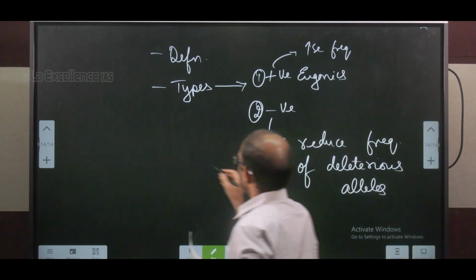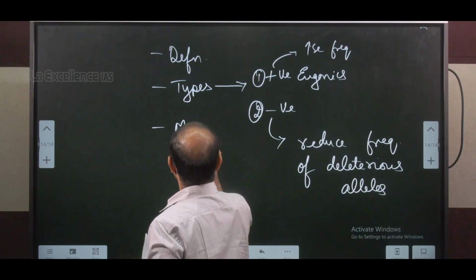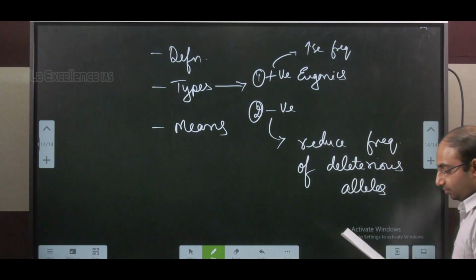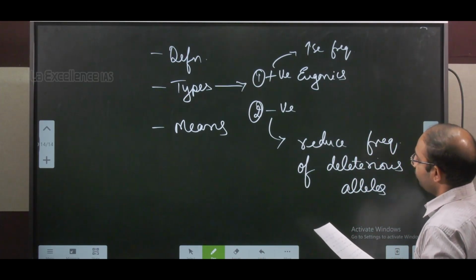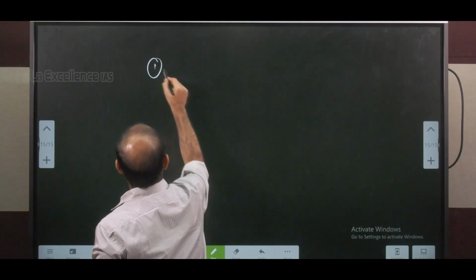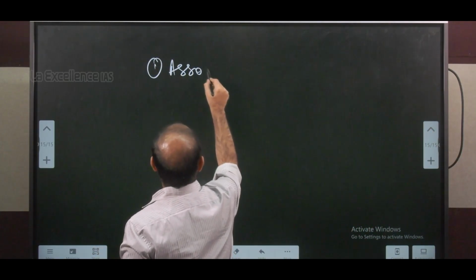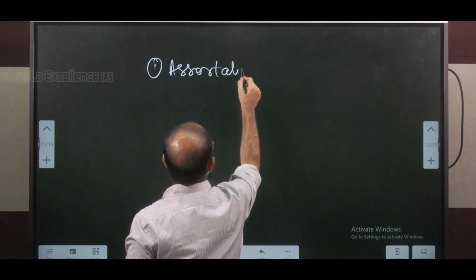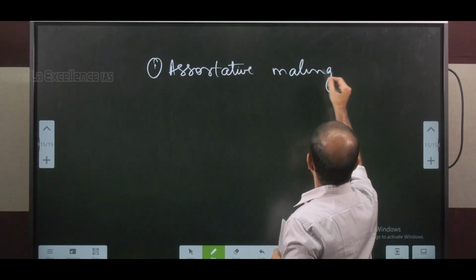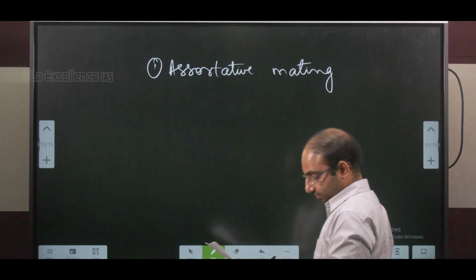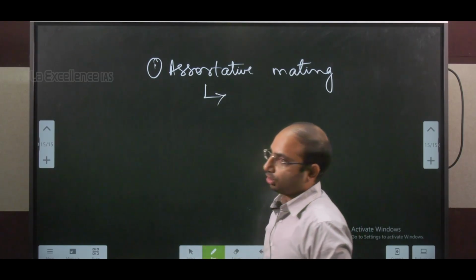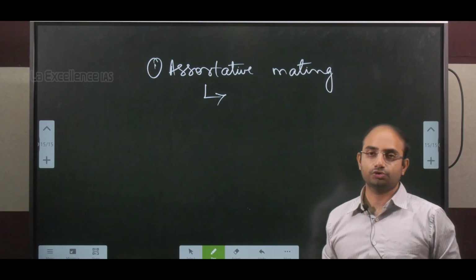Then discuss the means. What are the different means by which we can do eugenics? One is assortative mating. This means trying to favor some traits over others in case of mating. So, for example, tall people mate with tall people. You choose those who are like you.